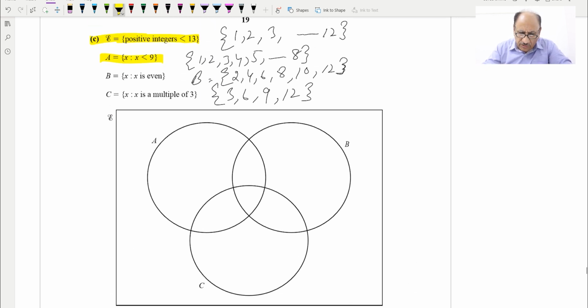So we need to show all these members over here. 1, 5 and 7 are only in A, whereas 10 is only in B, and common in A and B are 8, 4, 2 and 6. 6 is common in all three, so we have written it here, and 3 is common in A and C, so it will be here. 12 is common in C and B, and 9 is only in C, so this will be here, and 11 is not in A, B or C, so it will be outside. So this is how we can show this.